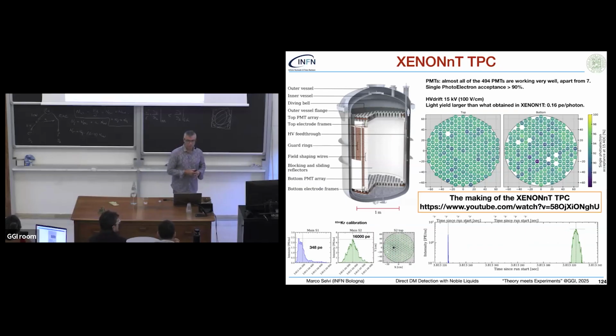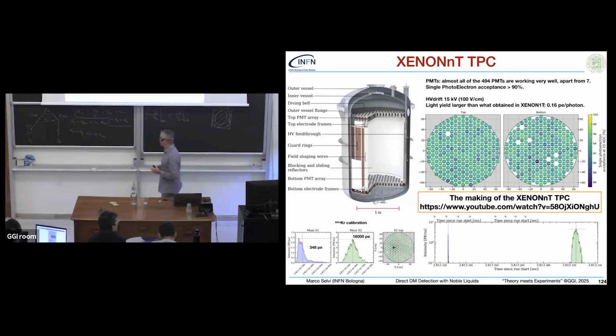This is a sketch with the photosensors here ready. From the very beginning, we had a problem with the electrodes, and there was a short between two electrodes at the bottom. Due to this, we had a smaller electric field in the drift region.